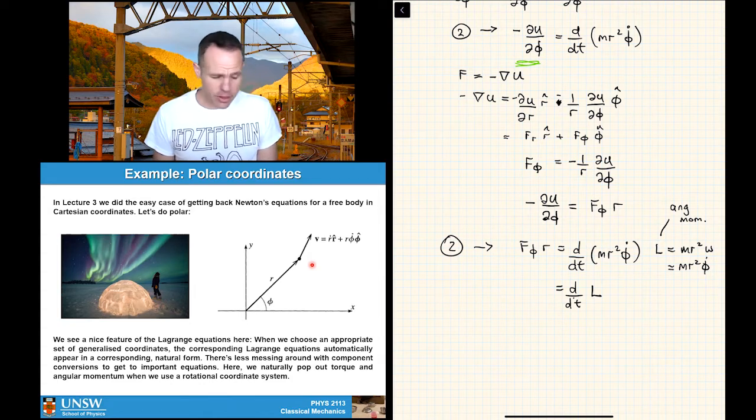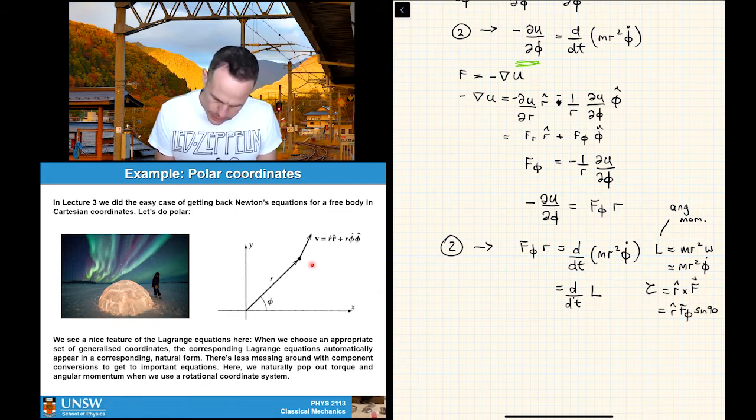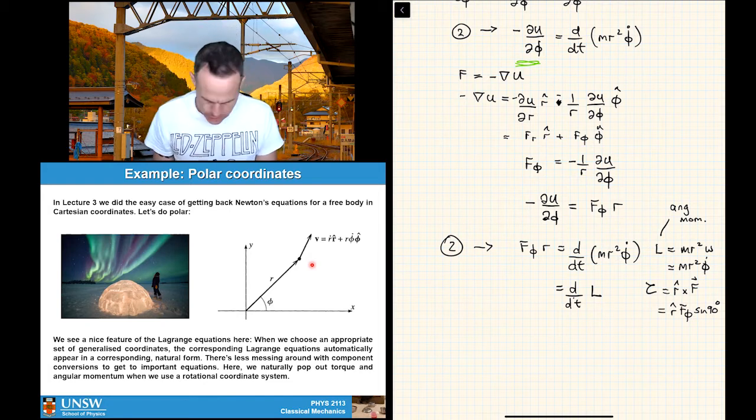Okay, so the other thing that we know here is that we have a torque, and the torque is r cross F. And of course, in this particular case, it's going to be r-hat F_phi sine of 90 degrees, because we're talking about this radial direction in here.